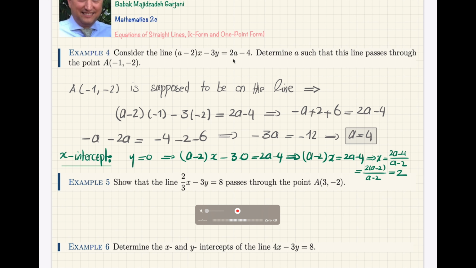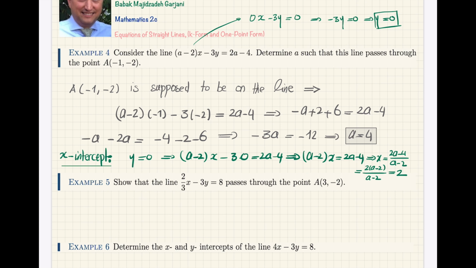What happens? Can you tell me? Let me just write it here. If a is equal to 2, I will get 0x minus 3y equals 0, because 2 times 2 minus 4 is again 0. This gives me minus 3y equals 0, which gives me y equals 0. So this means that if a is not equal to 2, then the x-intercept is 2.